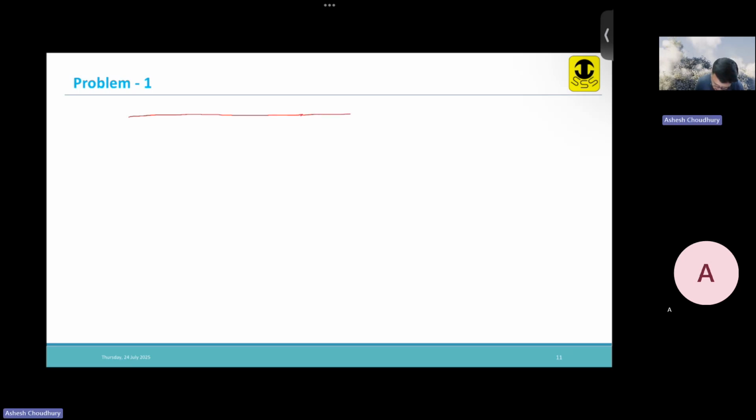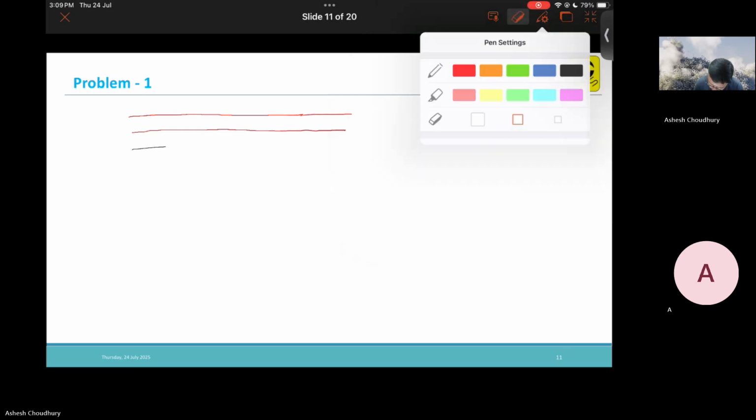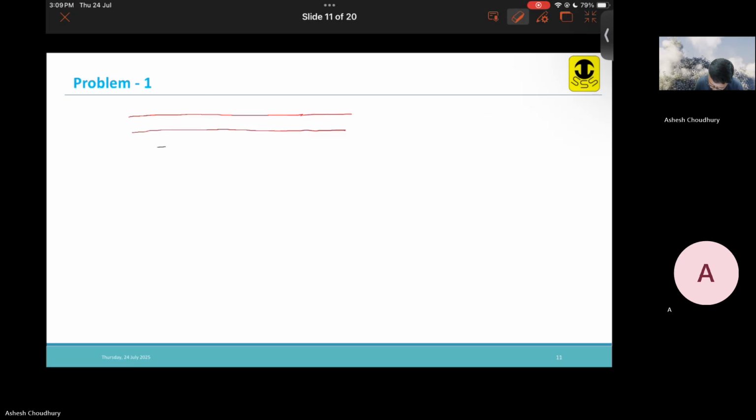First, say this is the top, then I have my first layer, and second. Okay, so this is my first layer, this is my second layer.